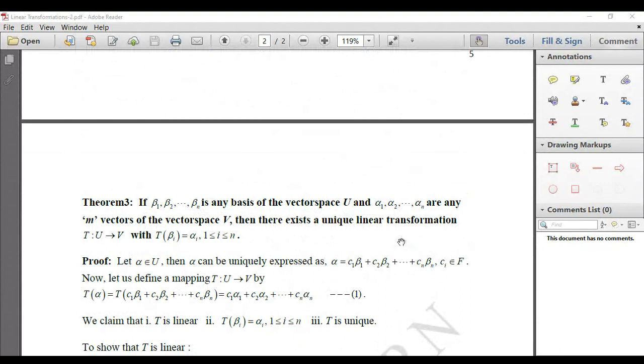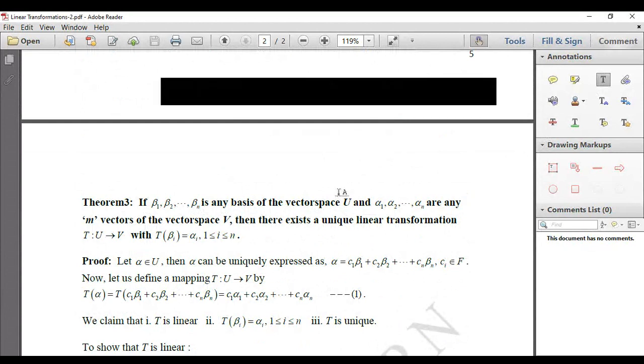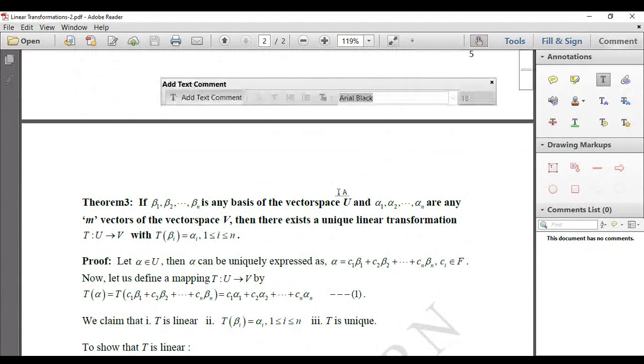You are familiar with what is meant by basis vectors. Basis vectors mean those vectors which span the vector space. That means using these vectors we can generate every element of U. For example, you are familiar with V2 or R2.